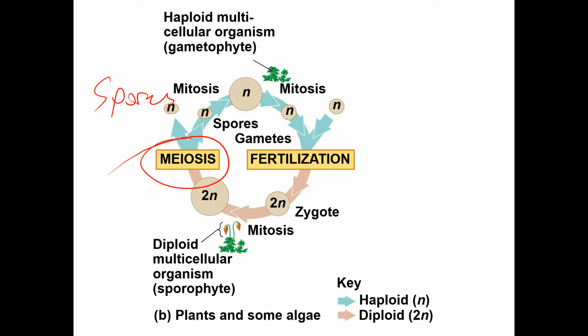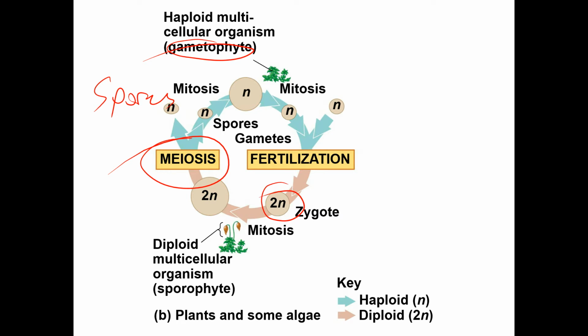These spores land, they grow, they divide, they develop into a multicellular haploid organism that we call the gametophyte. Your gametophyte will produce haploid gametes. They'll fuse and they'll form your diploid zygote.